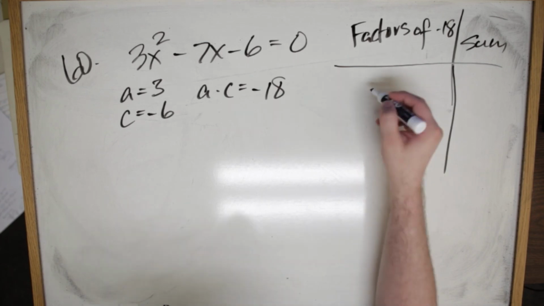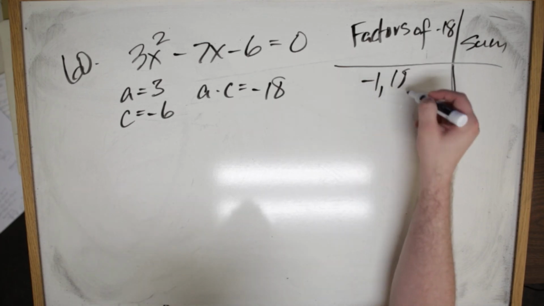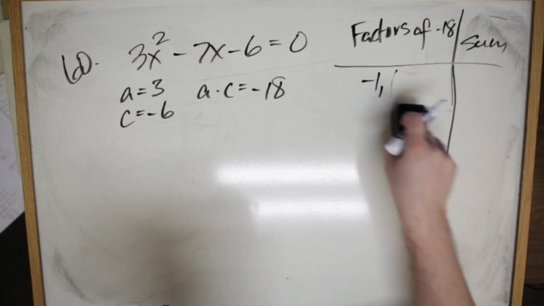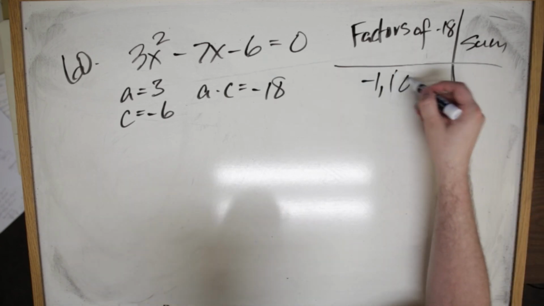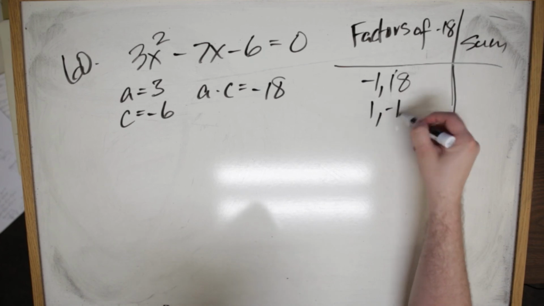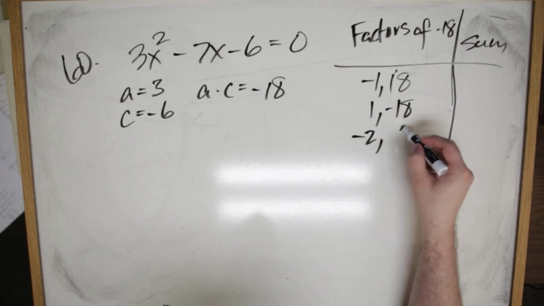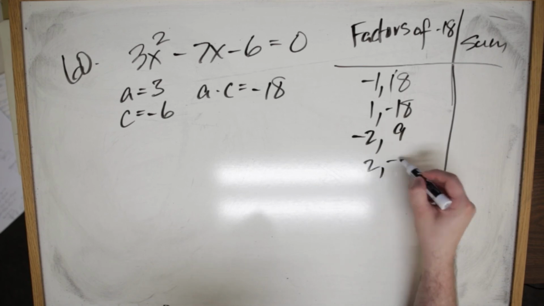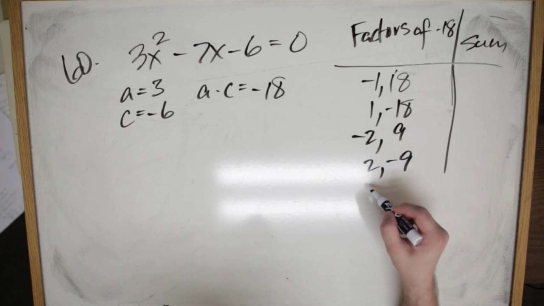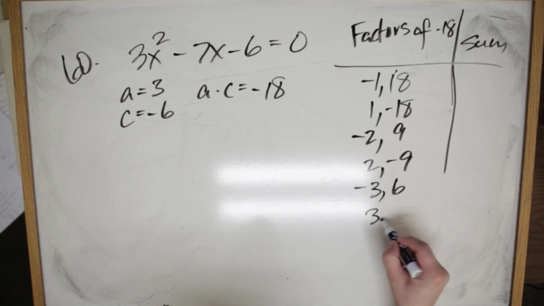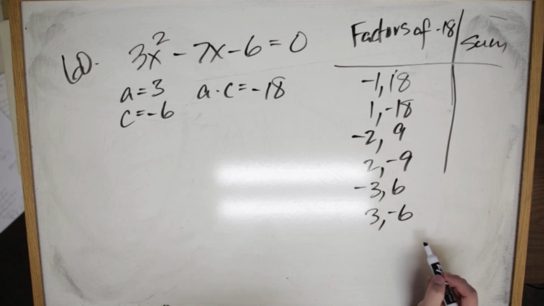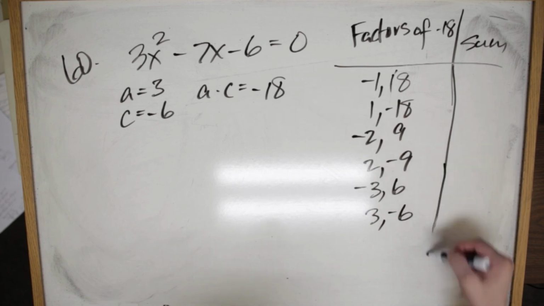So let's do minus 1, 18. Wow, man, my writing is really bad today. 1, minus 18, minus 2 and 9, 2 and minus 9, minus 3 and 6, 3 and minus 6. And I think that's it. I don't think there's anything else.